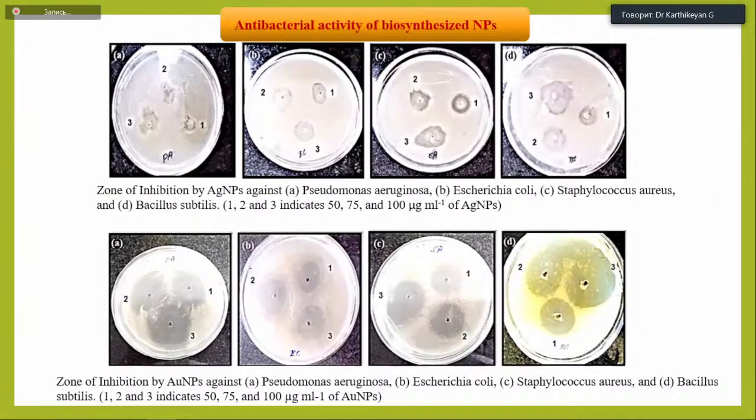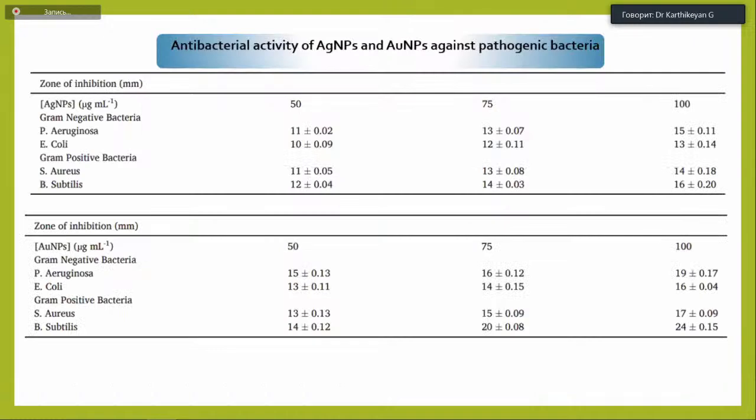Finally, the biological applications of these synthesized nanoparticles. The antibacterial activity was tested against Pseudomonas aeruginosa, E. coli and Staphylococcus aureus, based on the concentration of the nanoparticles, and the zone of inhibition for both nanoparticles, in millimeters, is shown in the tabular column.